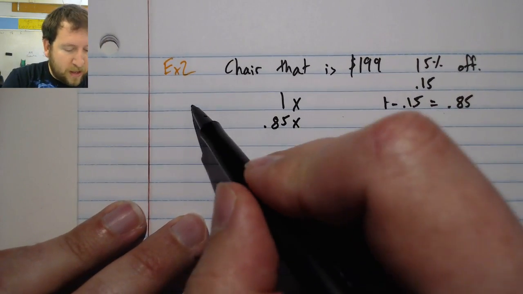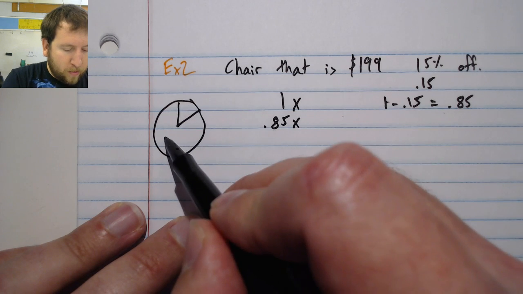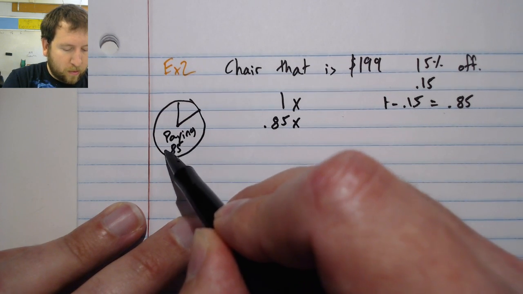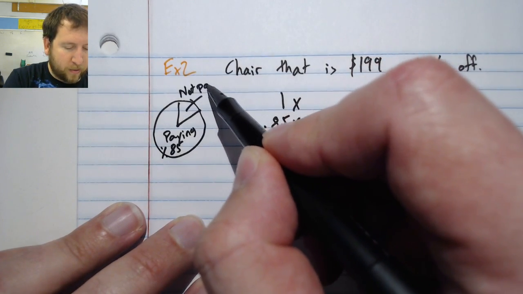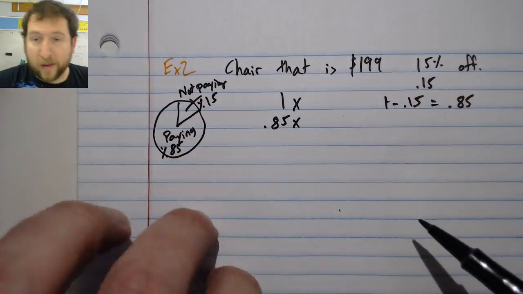If I were to draw a little diagram, this is what I'm paying, 85%, and this is what I'm not paying due to the sale. So now it's easier.